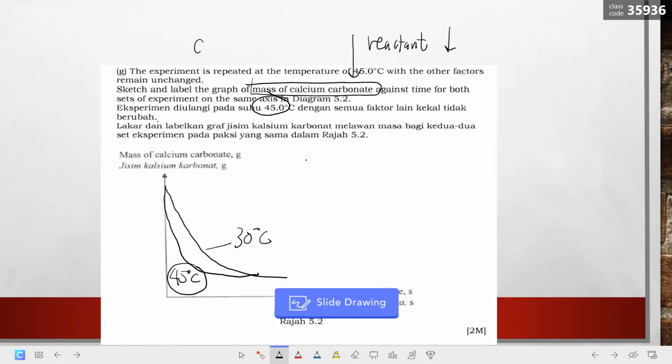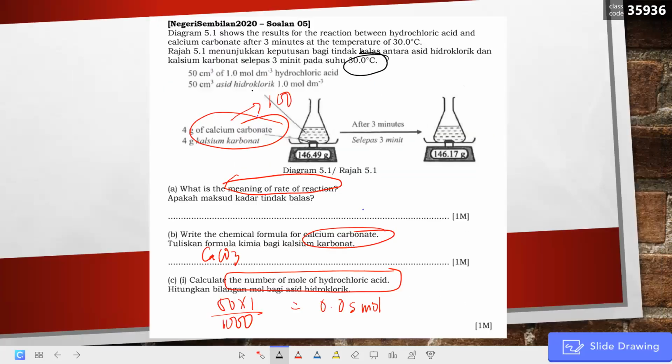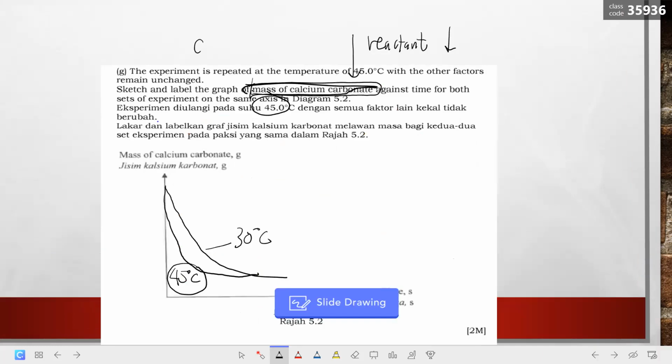Remember, we are using 0.025. The mass for both calcium carbonate is the same. Here is 4 gram, and then again, I'm using 4 gram. I am not changing anything. I'm only changing the temperature. So the mass remains the same.